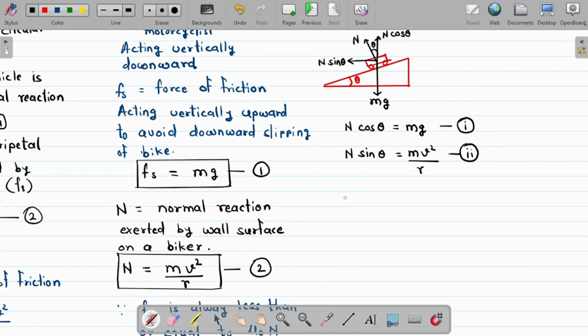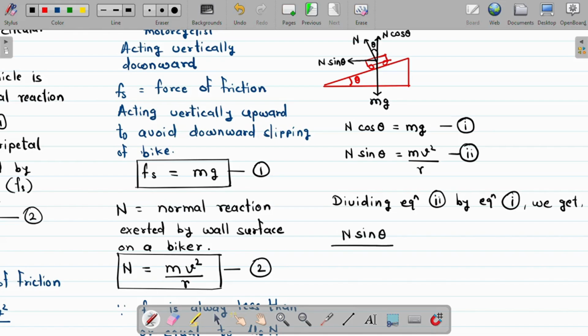So, dividing equation 2 by equation 1, we get, let's see what we have.